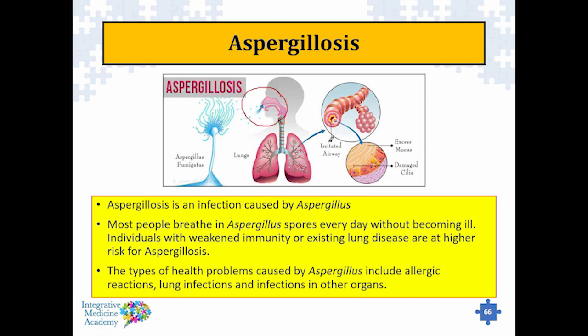They could have nasal congestion. They could have respiratory issues, wheezing, coughing, for example. So now we're getting some kind of an allergic sensitivity problem, okay? Allergic reactions, lung infections, etc. But that's not happening in everybody.